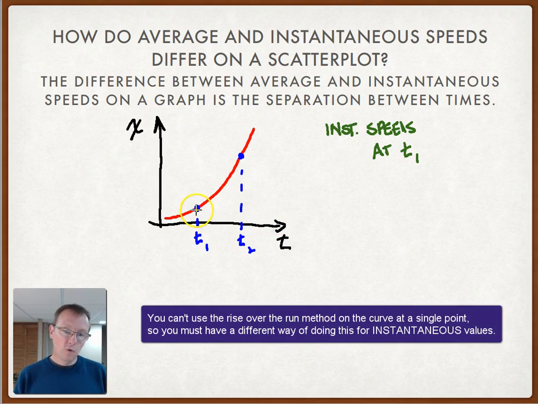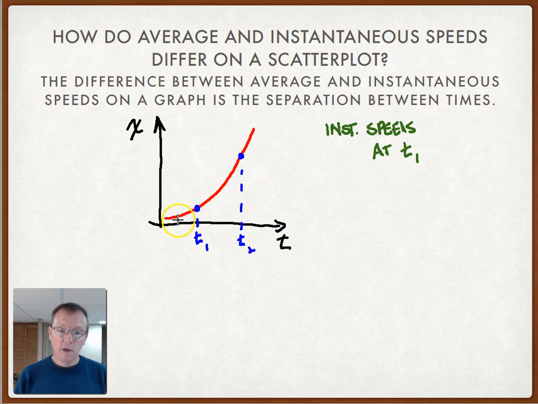Well, at this one particular point right there, it's really hard to make a slope. But we can imagine that we have a line that touches the curve just at that one particular point, like so. And so it's the slope of this line right here, this green line, that will tell us how fast the object is going.